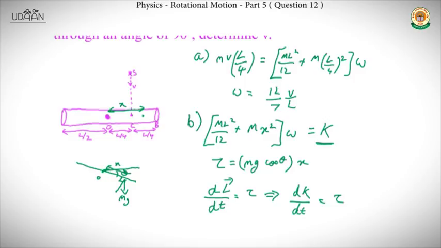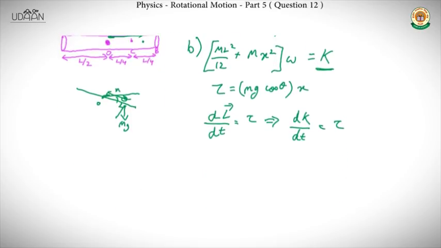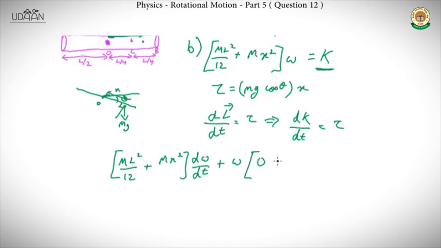So let's put in all the values. dk by dt will be (mL square by 12 plus mx square) into d omega by dt, plus omega into 0 plus 2mx into dx by dt. This should be equal to tau, which is mg cos theta into x.